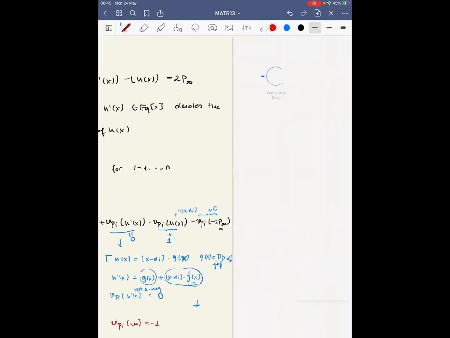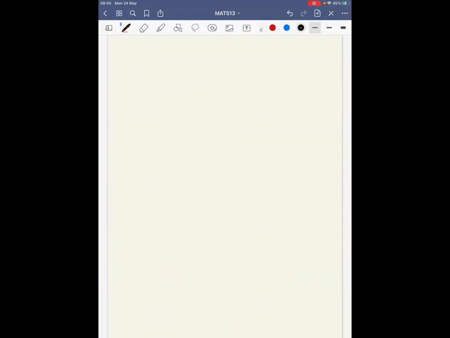And now it remains to verify that its local component, v_π of 1, is equal to 1. And again, what we write is that, let me recall that this omega is defined in this form.